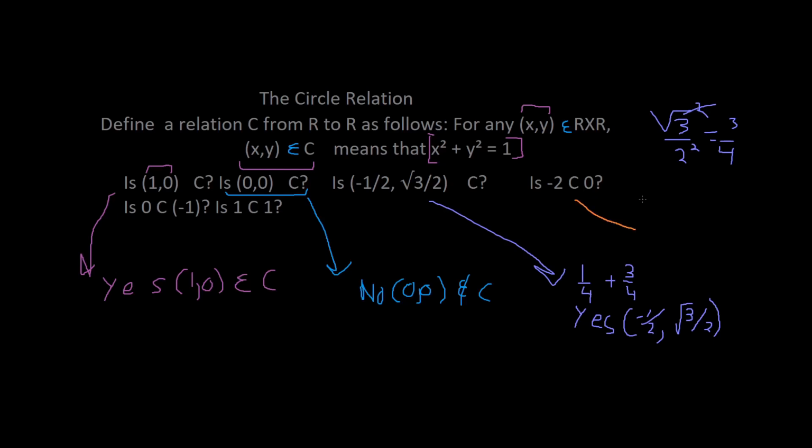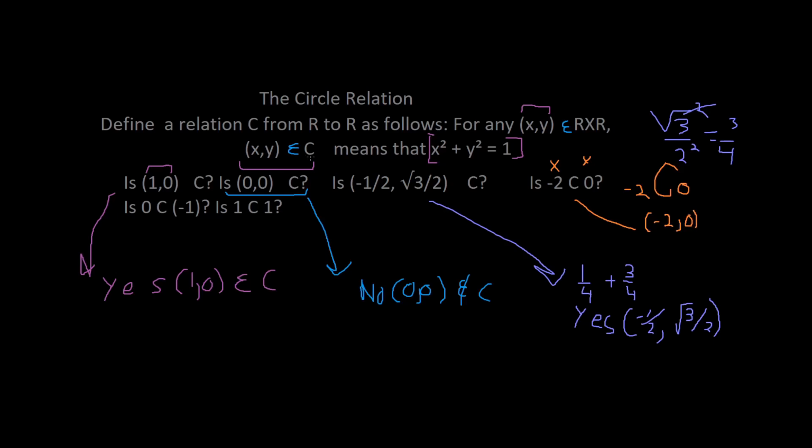And so this is going to be like this. So negative 2, 0. That just means that's x and that's y. We plug in our points and we know that our ordered pair is not a relationship to the function.